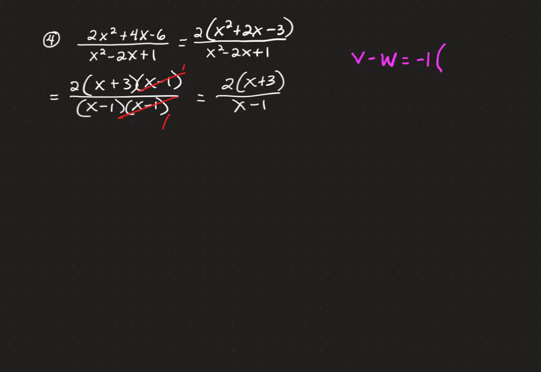It's not an obvious thing at this point to do, but if we did it, v divided by negative 1 would give us a negative v, and negative w divided by negative 1 would give us a positive w. Well, usually we like to subtract like this, v minus w, rather than have a negative plus a positive. So why don't we change the order here and have -1 times w minus v.